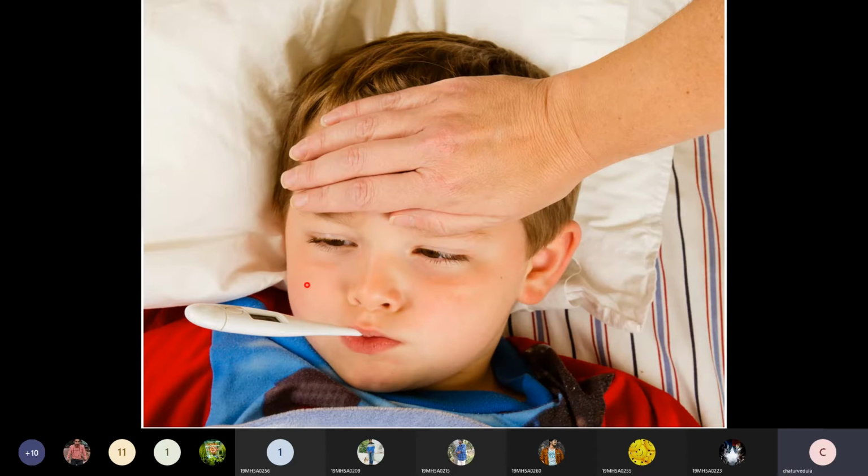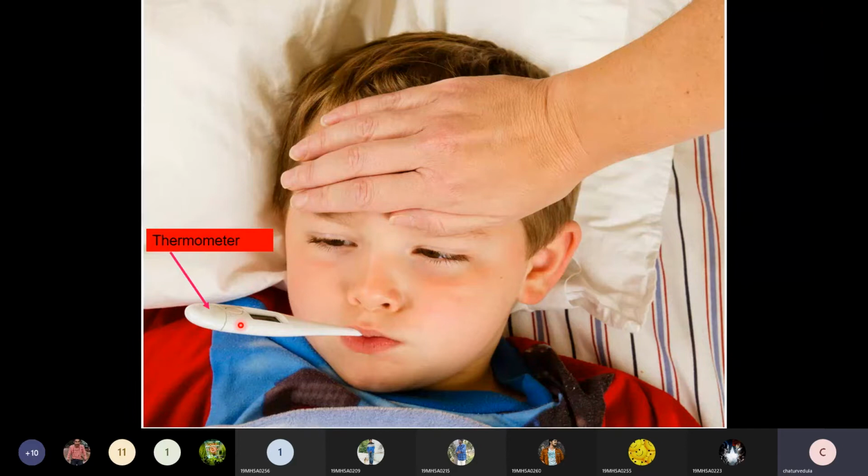So for that purpose, we are using an instrument here. This is the instrument through which we are trying to measure the value of the temperature. The instrument name is thermometer. This is one digital thermometer. In olden days we had analog thermometers.